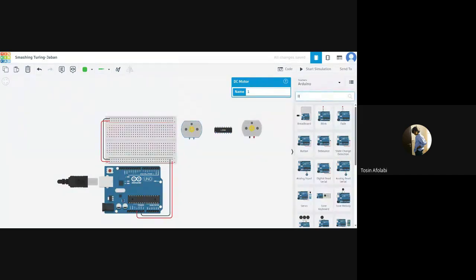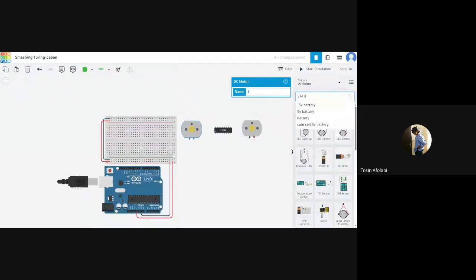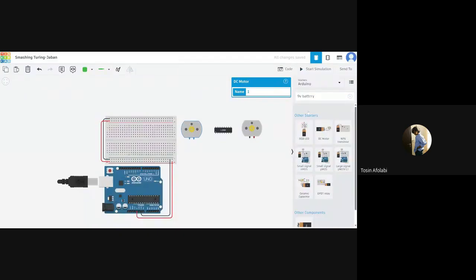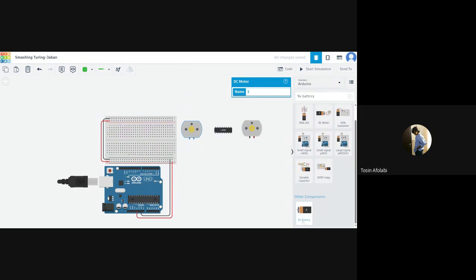Let's not forget another battery. So it's even native. Now let's start connecting.